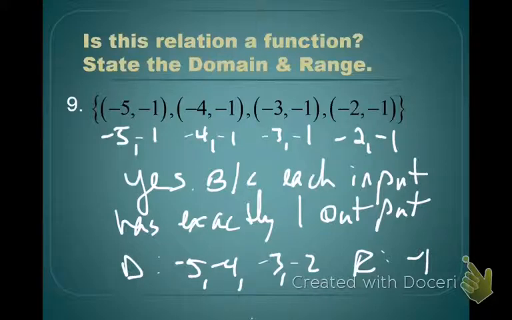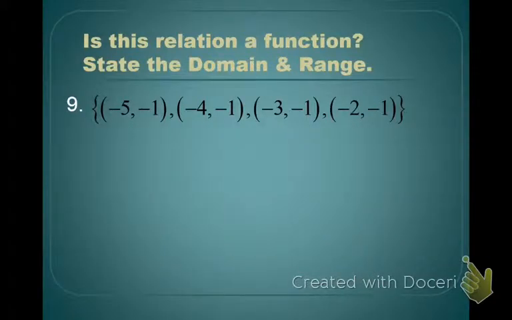Some of you may be starting to see a pattern. If you end up writing down more numbers in your range than in your domain, it's not going to be a function. That means apparently one of your inputs mapped to more than one output. Okay, there may be some other shortcuts out there for you.